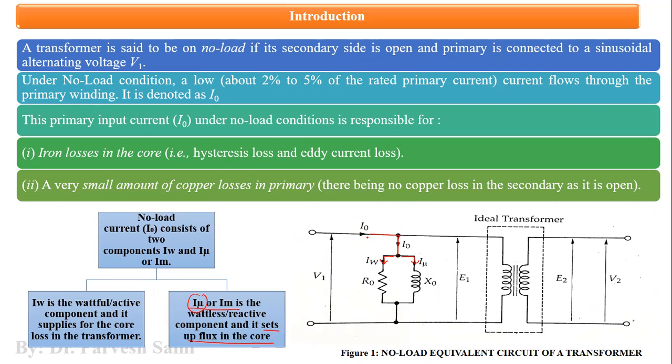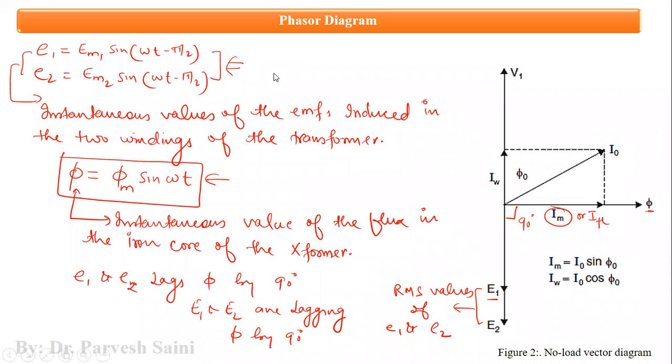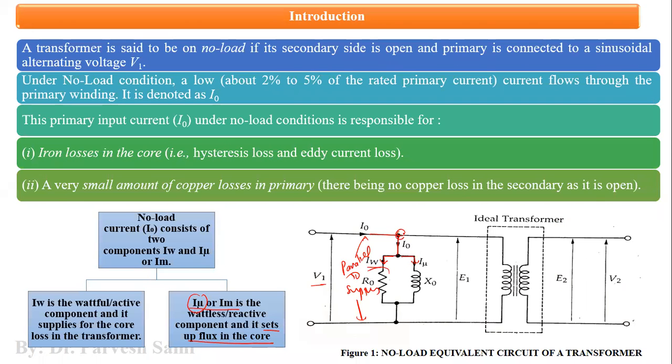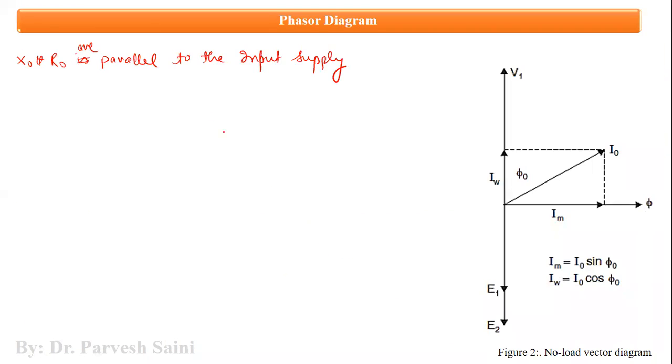Now this I mu is parallel to the supply. Since I mu and I w, that is x naught and r naught, are parallel to the input supply, as you can see in this diagram, these two components are parallel to the input supply.